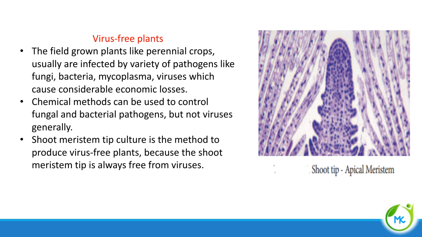So how can we produce virus-free plants? So shoot meristem tip culture. It is the best method for producing the virus-free plant because this shoot tip is always free from viruses. So when we culture using this, okay, we can produce the virus-free plants.